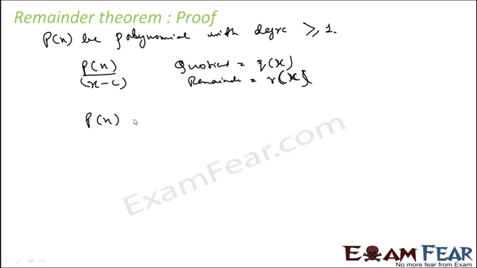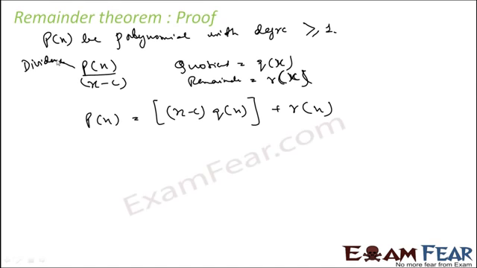Thus I can write that p of x is nothing but x minus c, whatever you have, into q of x plus remainder. Dividend, this is divisor, this is quotient. So dividend is divisor into quotient plus remainder.